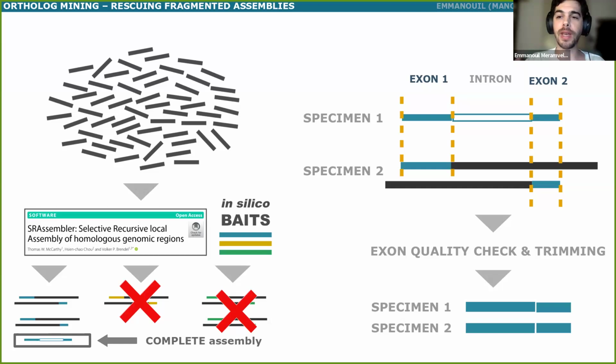And then take everything, stitch it together, and create your phylogenomic dataset for your specimens.